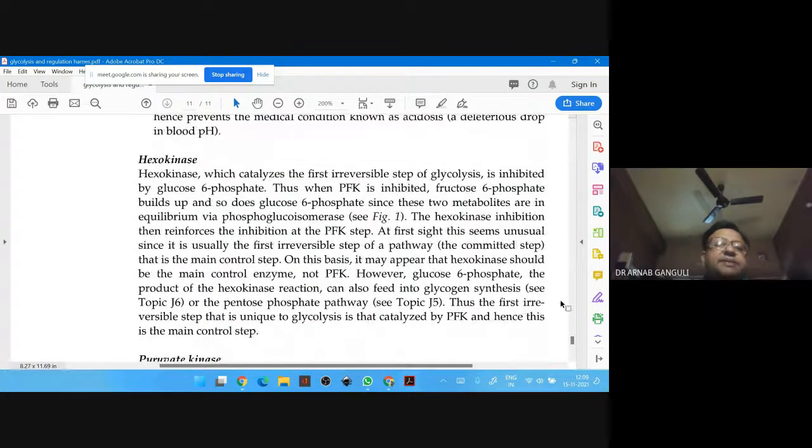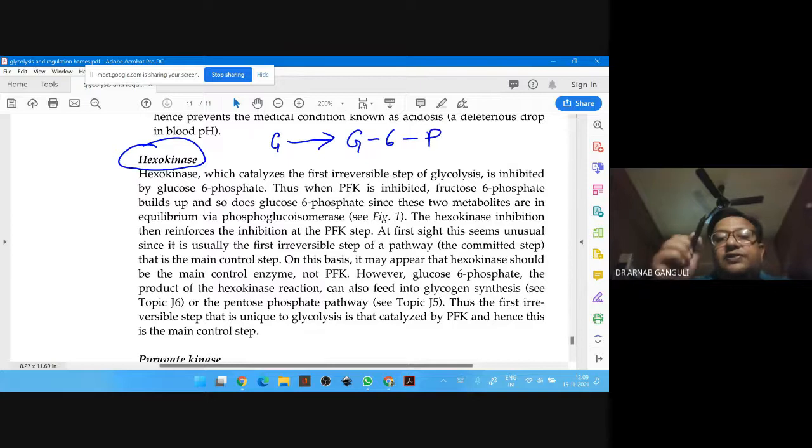The other enzymes are hexokinase. You know what hexokinase does? It converts glucose to glucose 6 phosphate. This is also the first irreversible step of glycolysis. This hexokinase is inhibited by glucose 6 phosphate.